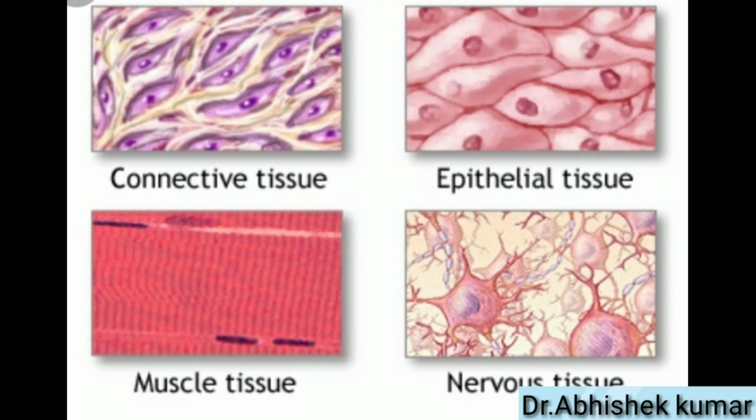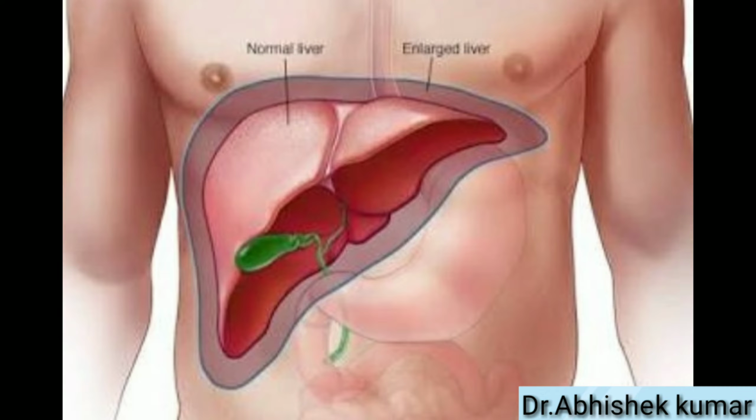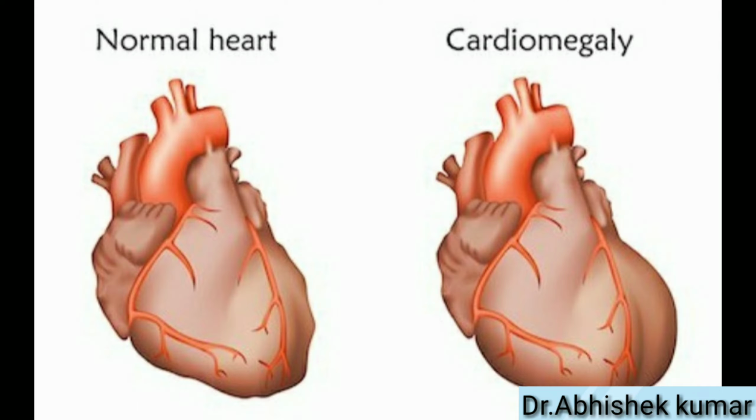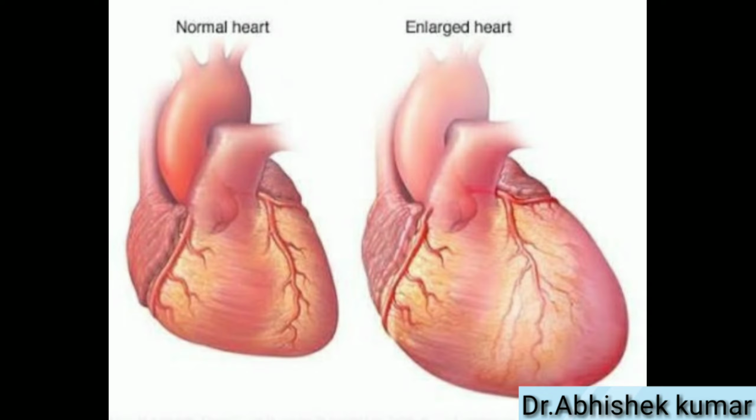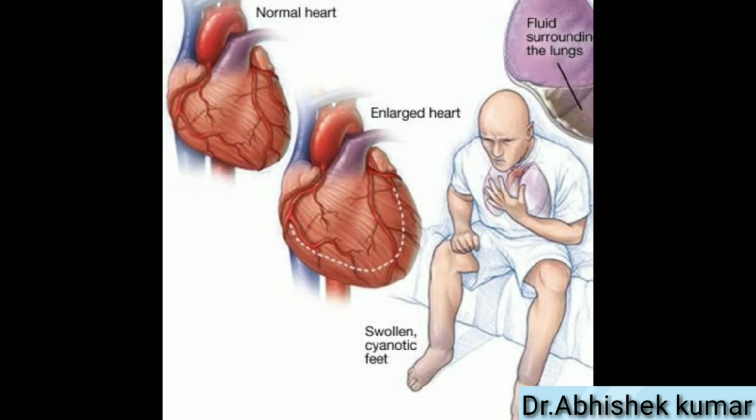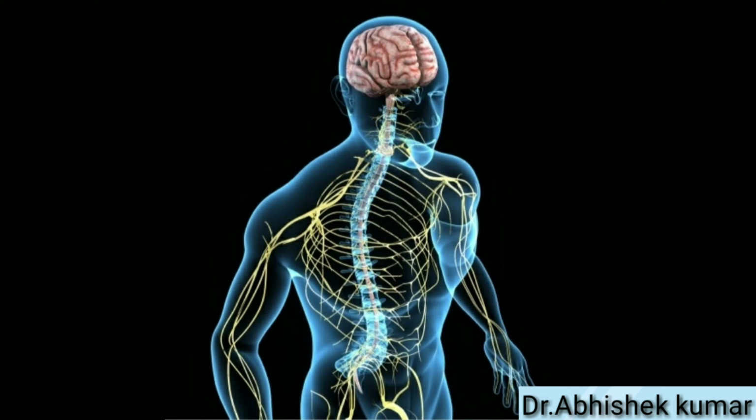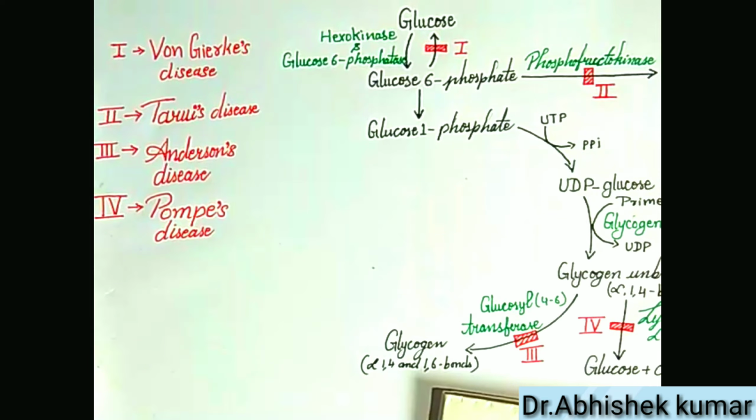Glycogen accumulates in lysosomes in almost all tissues. In the picture you can see the enlarged liver, cardiomegaly, the enlarged heart and the normal heart, and it also affects the nervous system of our body.